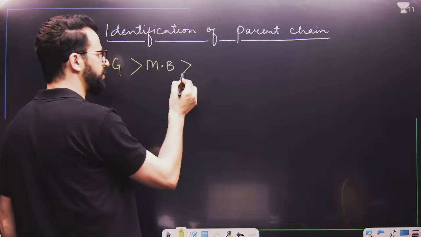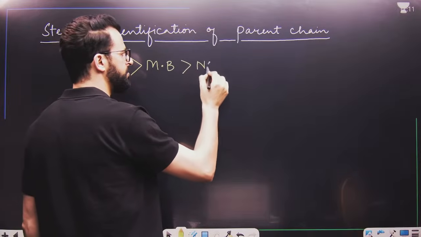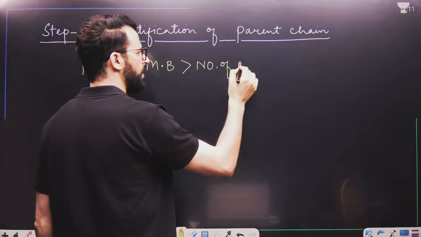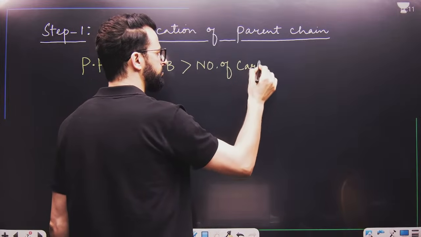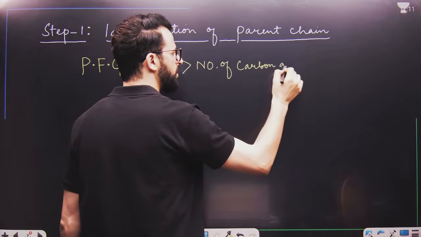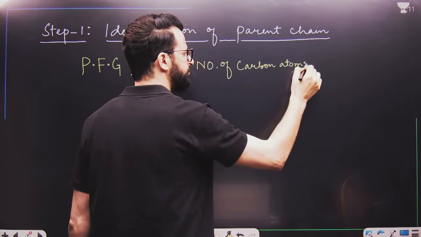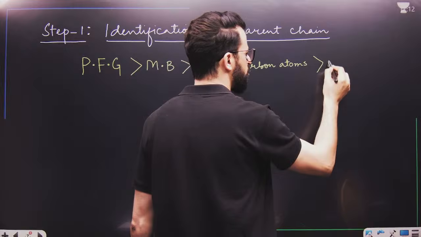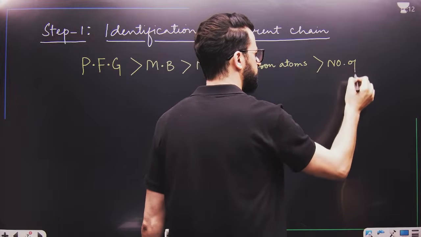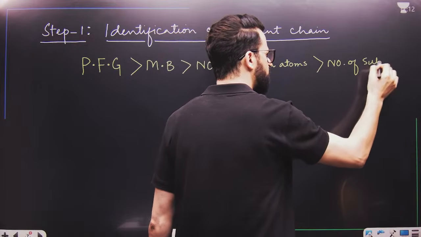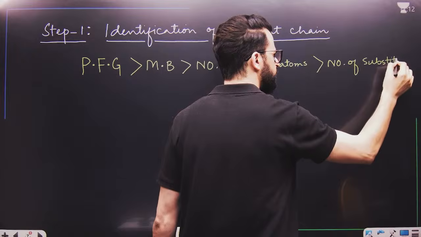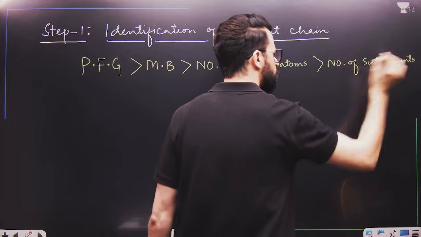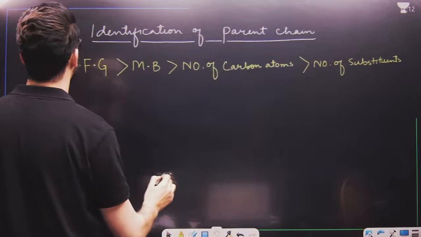After that, maximum number of carbon atoms. Is this point clear to you? And then number of substituents. So you have to select parent chain in this fashion. Try to remember these things.